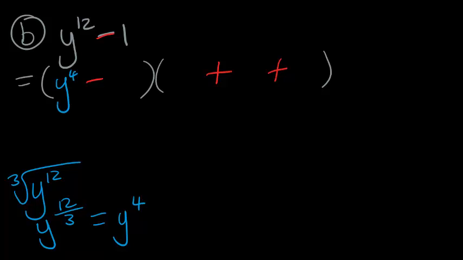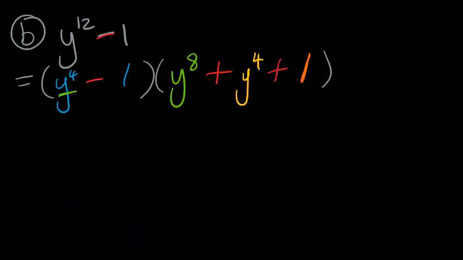Got y^4 here and 1 there. Cube root of 1 is 1. In my second bracket, y^4 to the power of 2 is y^4 times 2, so that is y^8. That is 1. And in the middle I have y^4 times 1, which is y^4.